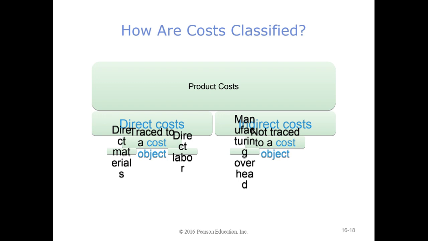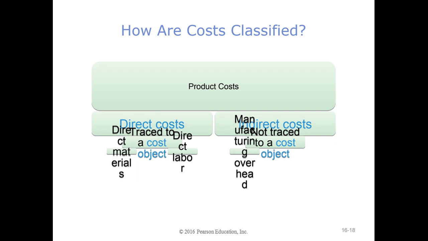So you could think of milk as a direct cost for making ice cream, unless it's ice cream that doesn't have milk. But let's assume that we're making ice cream that requires milk. Milk is a direct cost to make the ice cream. It's directly related to that product.